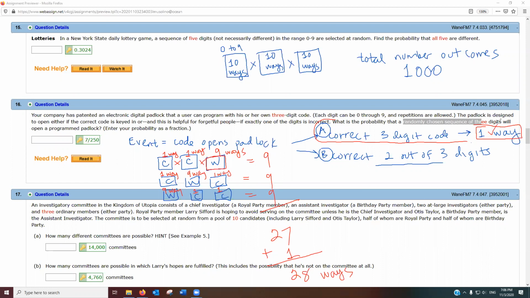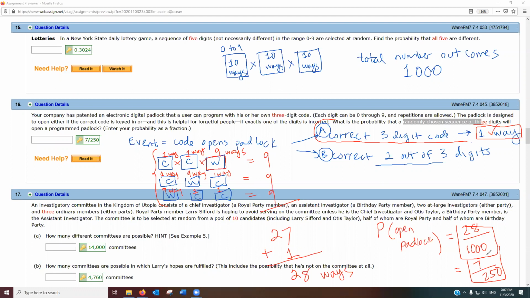The other 27 ways is one of these scenarios where you got 2 out of the 3 digits correct. So the final probability here for opening the padlock is 28 ways out of 1,000 total. So this is the answer. I could simplify this fraction by dividing top and bottom by 4, 7 over 250.